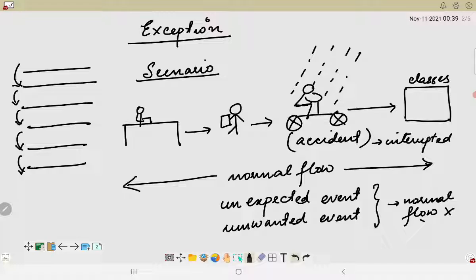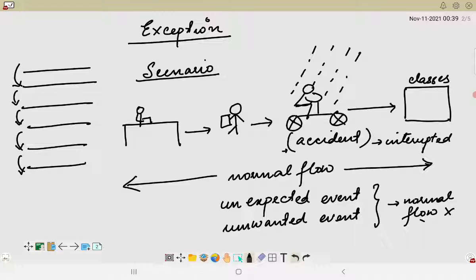In the next scenario, if I meet with an accident, based on its severity, if it is not severe, I will simply use some first aid, and I can ride to my classes without missing the timelines. That is what we mean by exception handling.